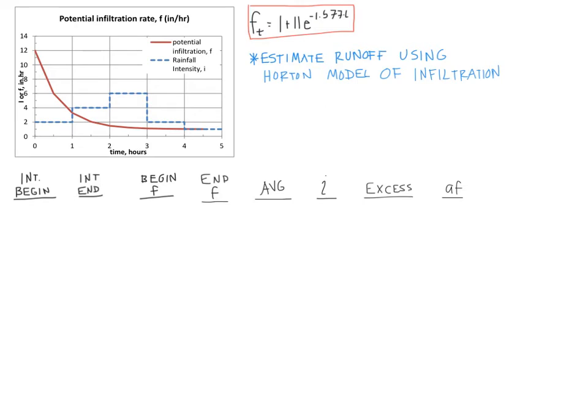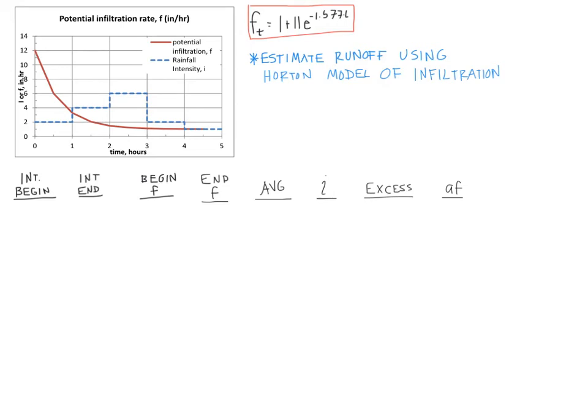Then I have I, which is my intensity of the rainfall for that same period. Then I have my excess runoff, the water that is not infiltrated, and then I will convert that to acre feet. I'm going to use a time period of 1 hour.